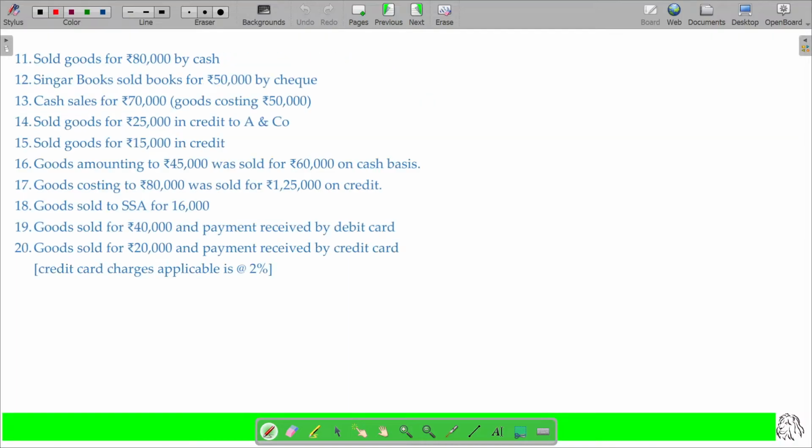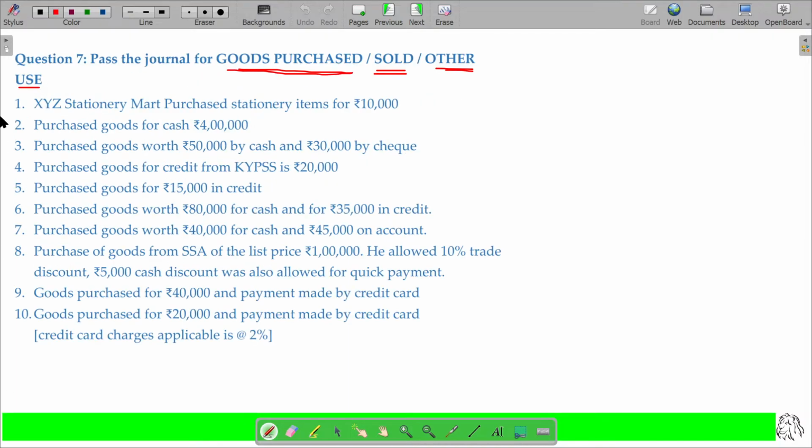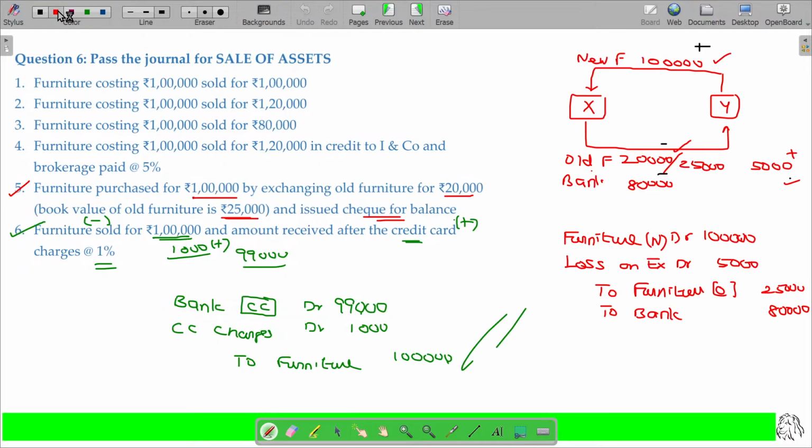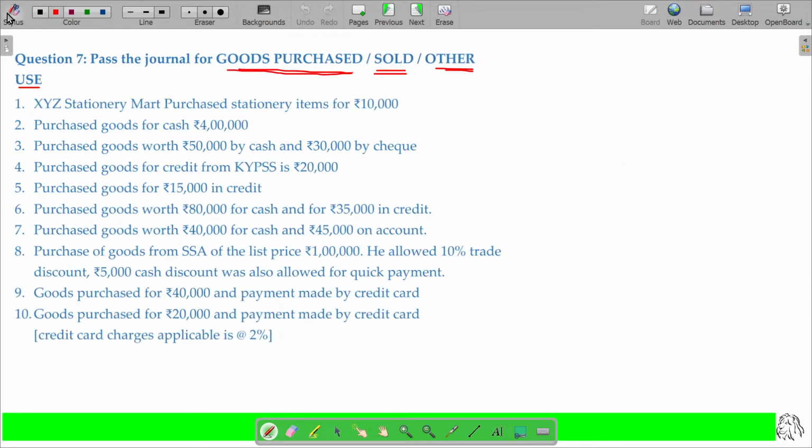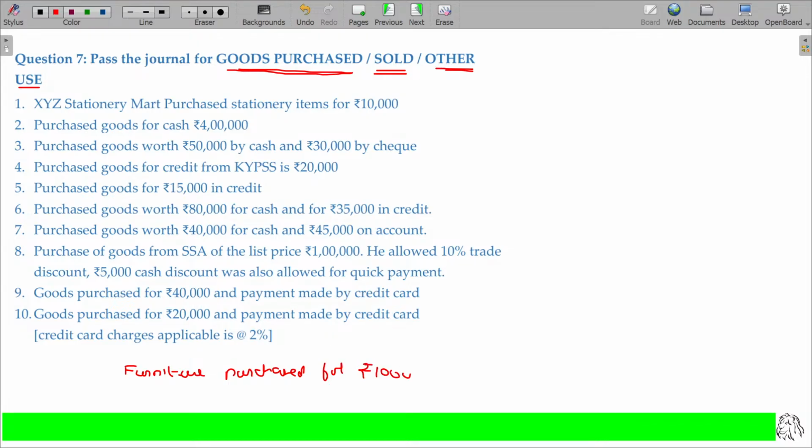Now, see, furniture purchased for rupees 1 lakh. What happens here?